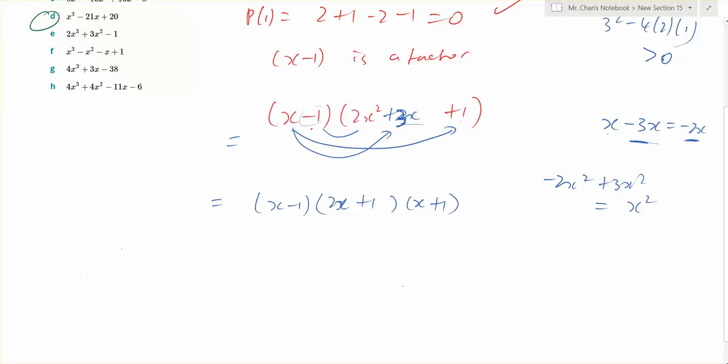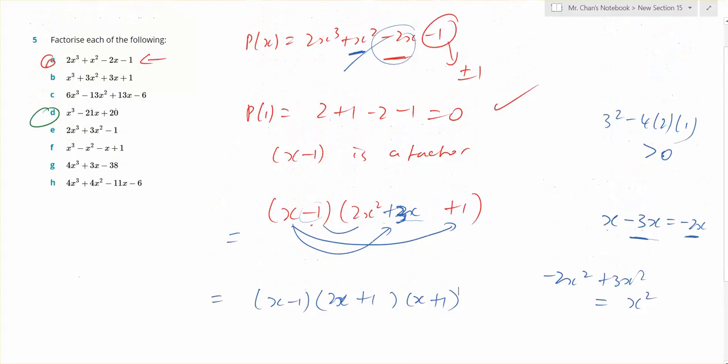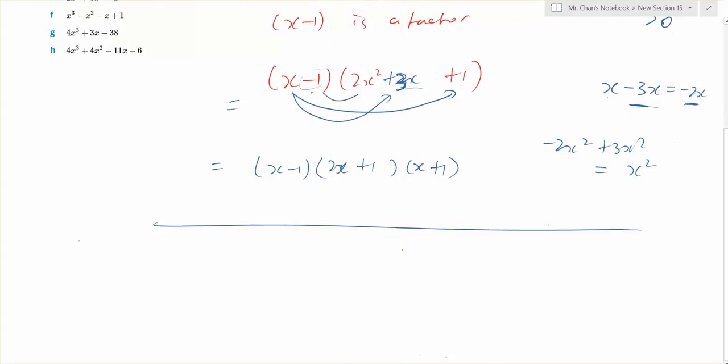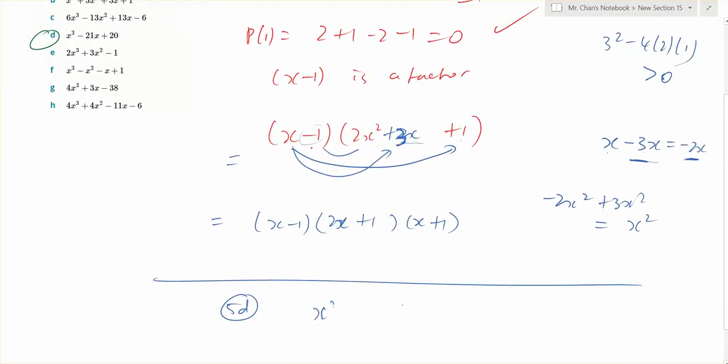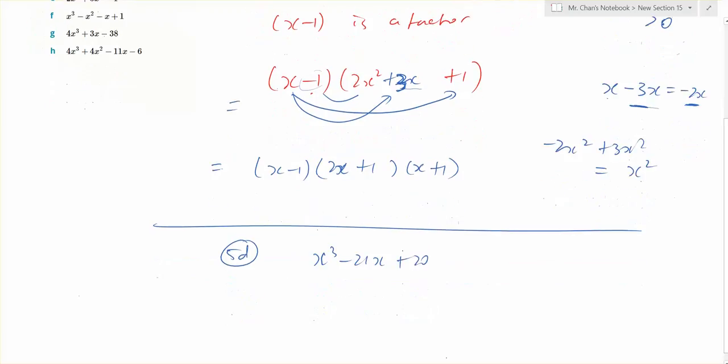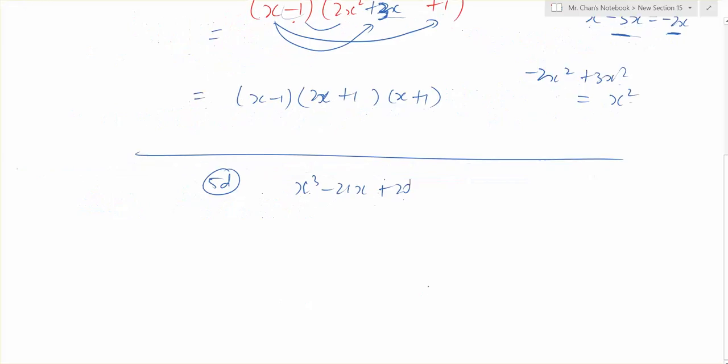So for question 5D, we've got x cubed minus 21x plus 20. Now, hopefully, when we look at the factors, there are many possible factors for 20.